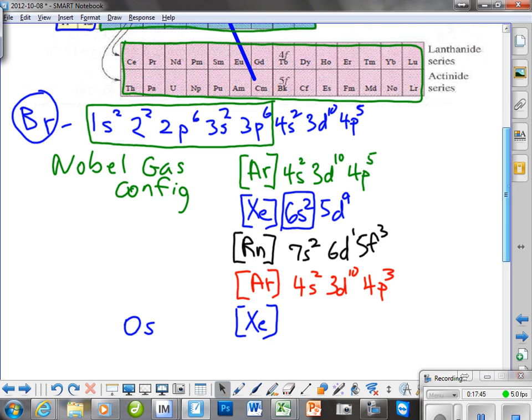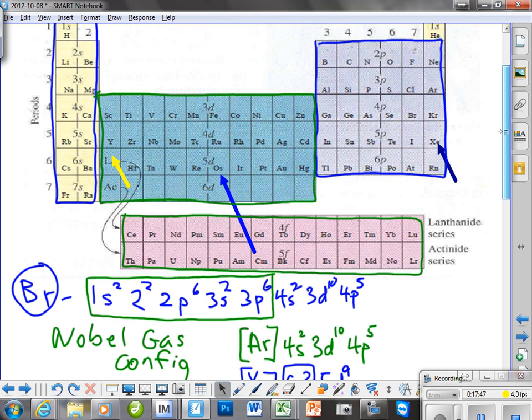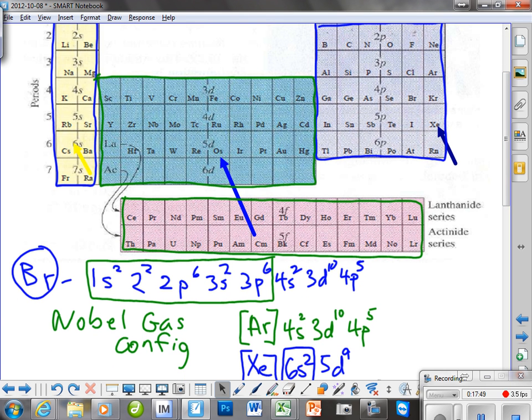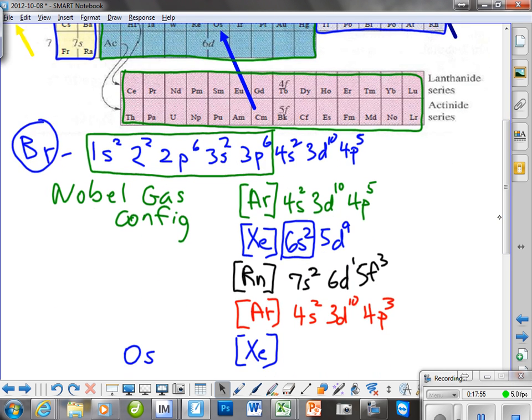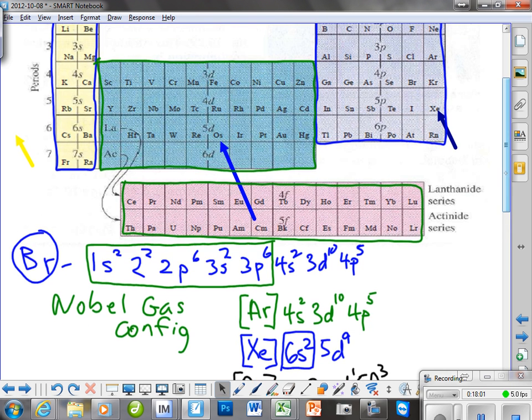After we get past xenon, where are we going to go? See where we are? Okay, so we have the 6s with 2. And then we go across, and we've got lanthanum.